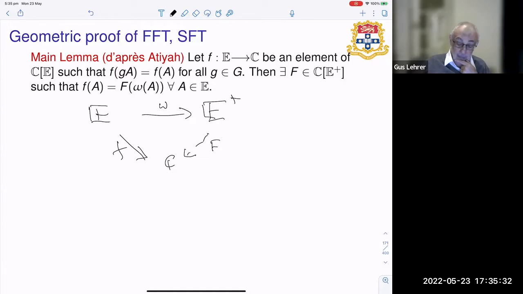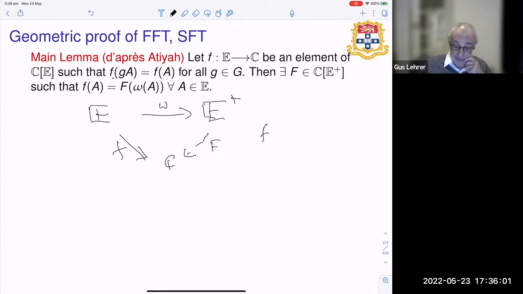Now, obviously, if small f satisfies this, then it satisfies the condition.